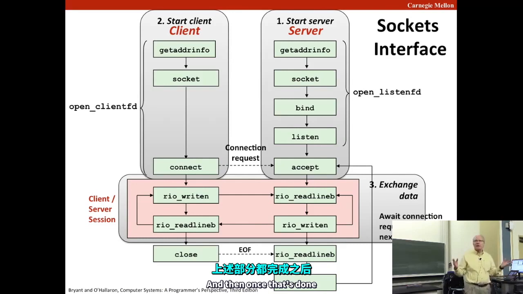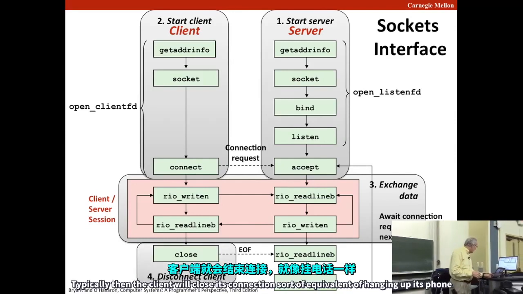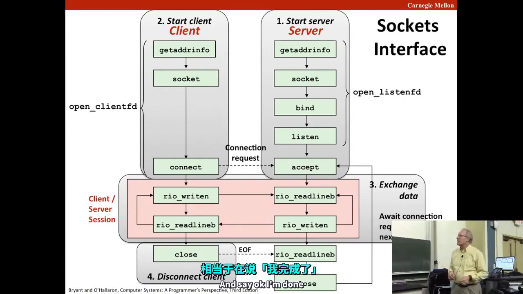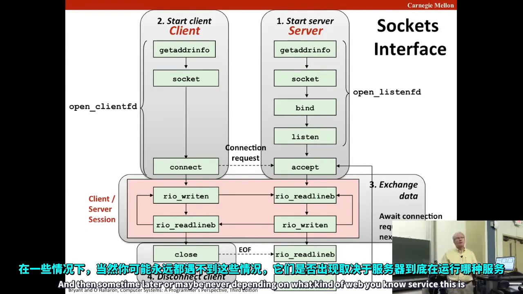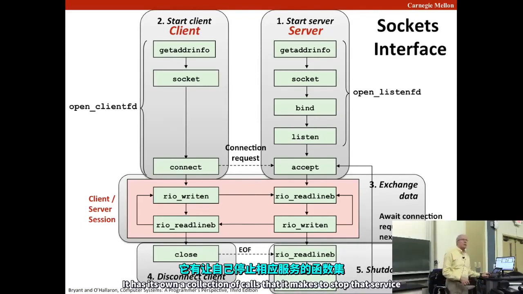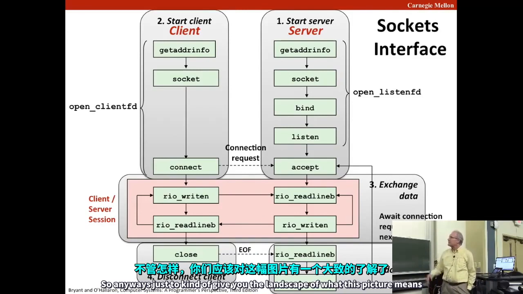And then once that's done, typically the client will close its connection, sort of the equivalent of hanging up its phone and saying, okay, I'm done. And then sometime later, or maybe never, depending on what kind of web service this is, if the server wants to shut down, it has its own collection of calls that it makes to stop that service. So anyway, that's just to give you the landscape of what this picture means.